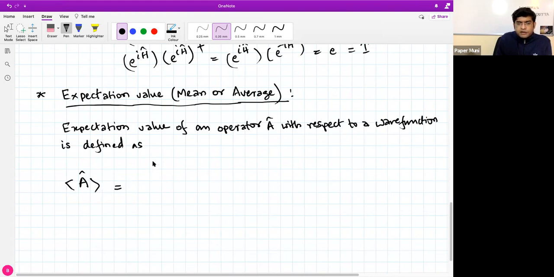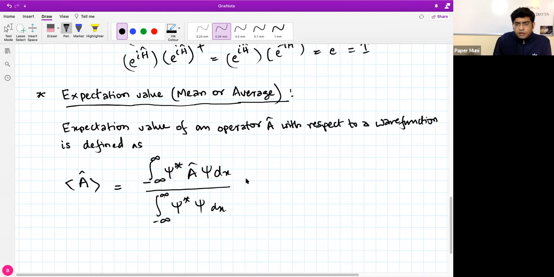We had already discussed this notation when we discussed probability. So this is defined as this, divided by, if the wave function is not normalized, then we have to divide by this factor. Now this was in integral notation. We'll write using Dirac notation as this.